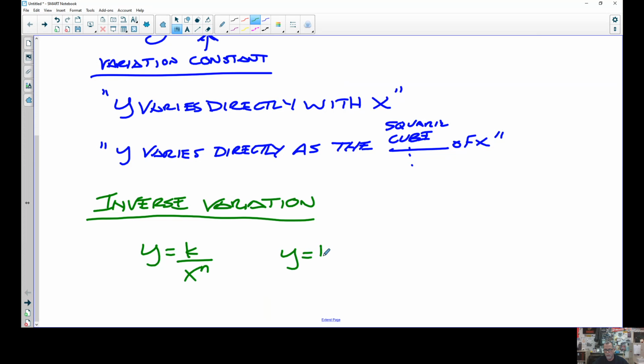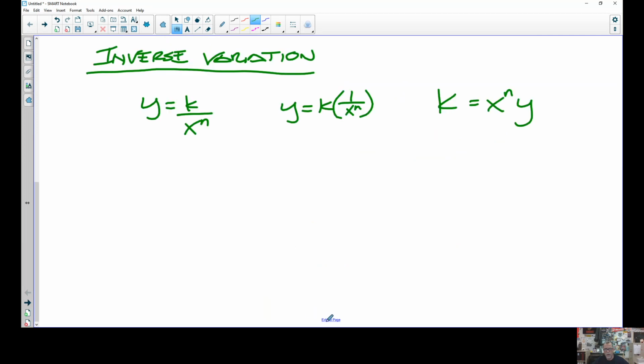I've also seen it written this way. However you want to think of it, this is an inverse variation. I've actually seen this written also, just to bring it up in case you ever see it. If you have this, that is also a form of an inverse variation. So what does this mean?